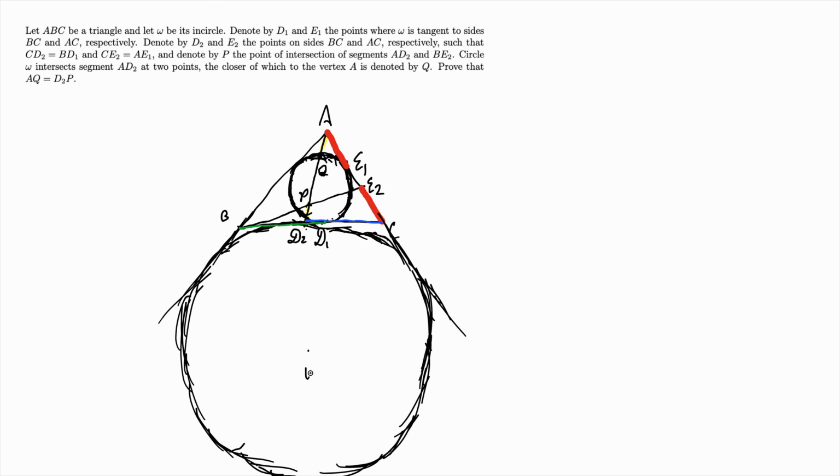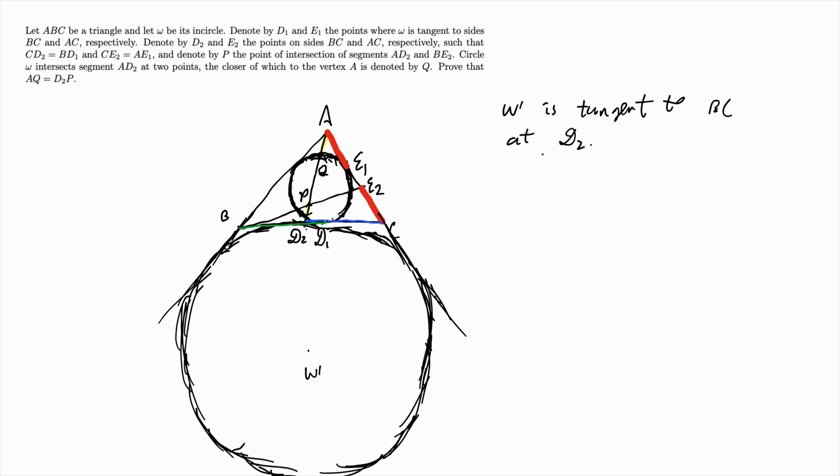So let's call this omega prime. We know that omega prime is tangent to BC at D sub 2, and I will prove this in my next video, so please look out for that.